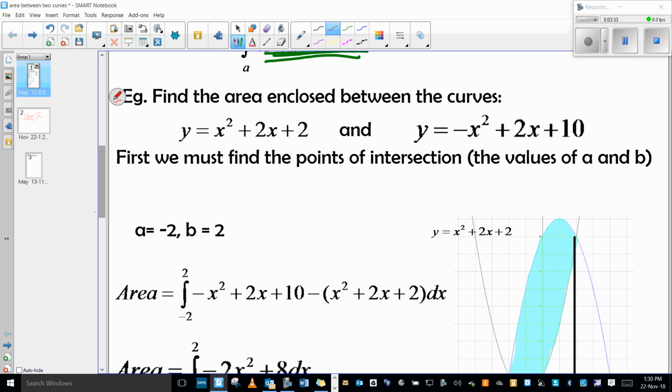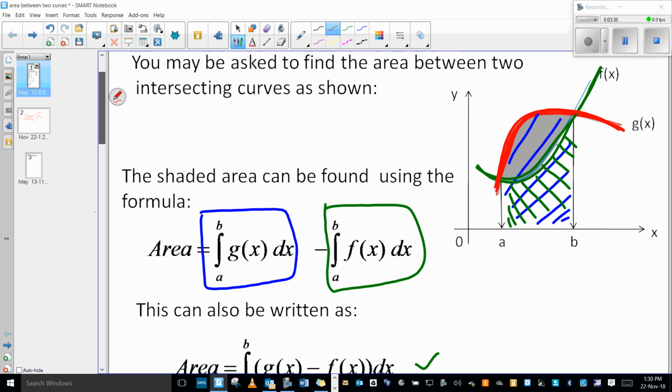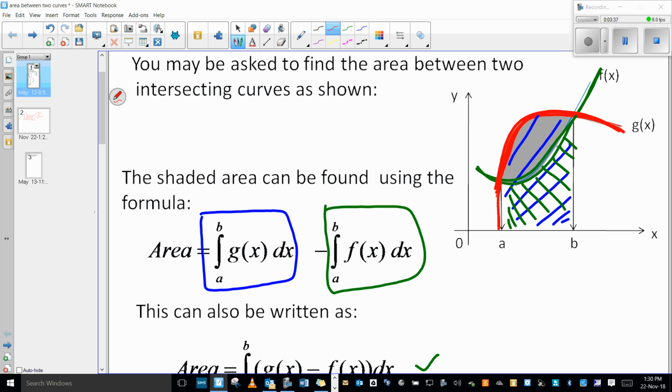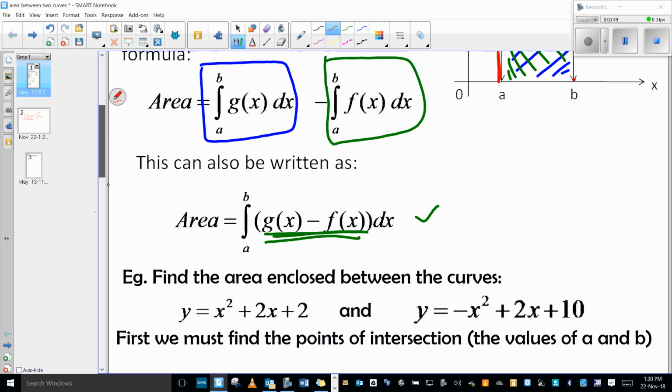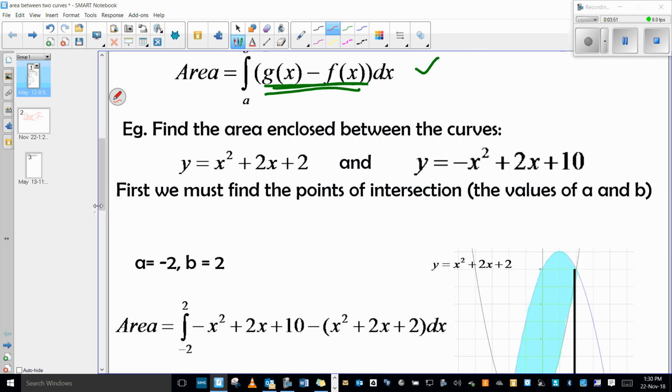Well, first of all, we need to know what our limits are. Okay? To do that, we're trying to find where our two graphs intersect each other. At this point, we think, aha, I know how to find intersecting points. I'm going to equate my two functions together. Yes?